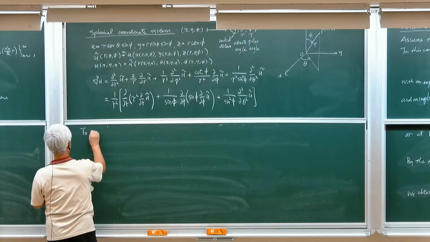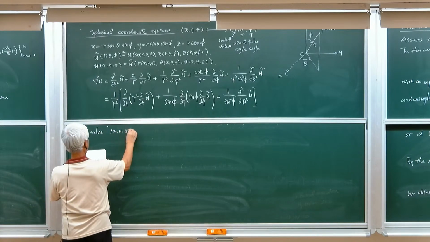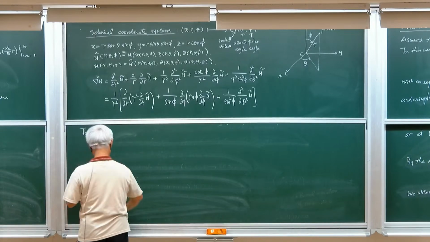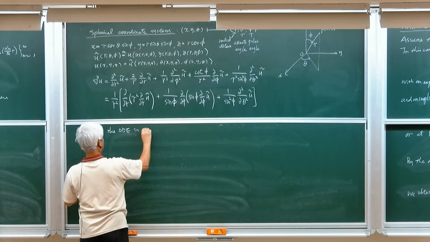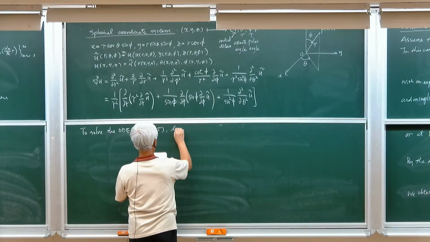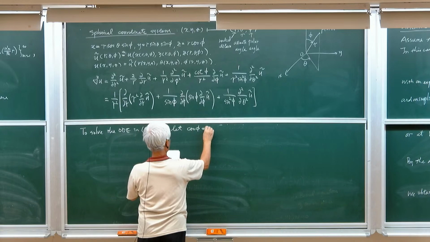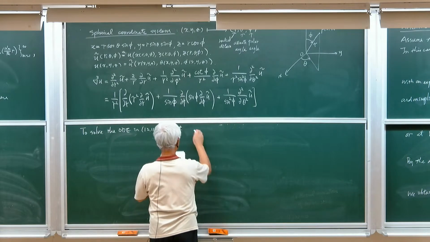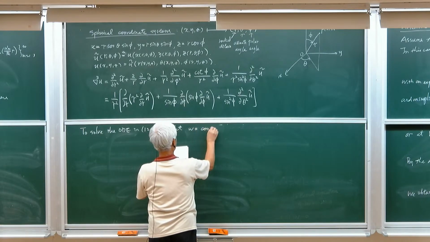Now to solve the ODE in 12.11.5, we let a new parameter w be cosine phi.